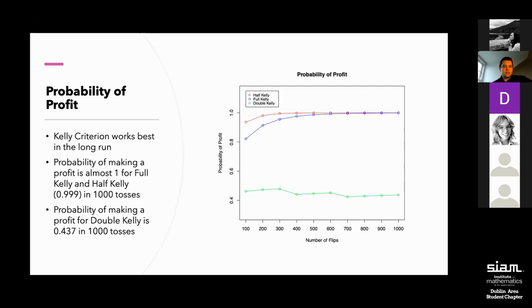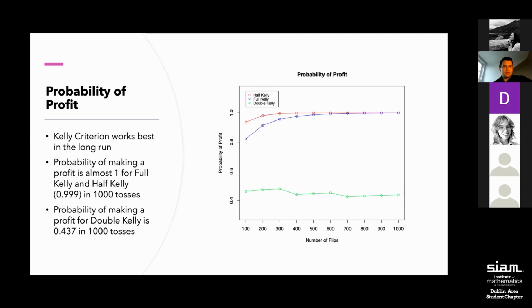Here we'll compare the probability of making a profit when half Kelly, full Kelly, and double Kelly are used in the long run. Starting with an initial bankroll of €10, when 1,000 coins are tossed, the probability of making a profit that's greater than or equal to €10 is almost 1 for full Kelly and half Kelly, so it's 0.999.